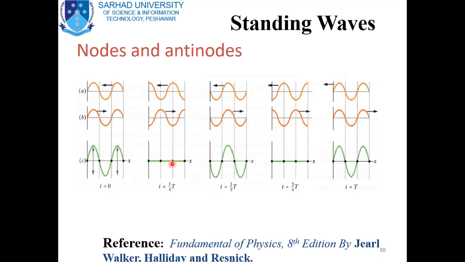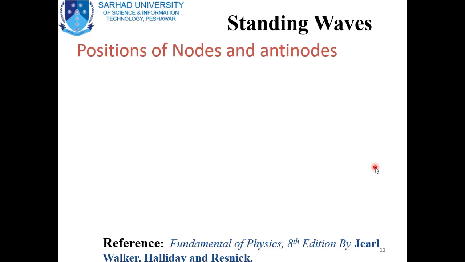So the points where the string does not vibrate represent the nodes, where the double arrow vertical line represents the position of antinodes. In this slide, we will calculate the positions of nodes and antinodes mathematically.